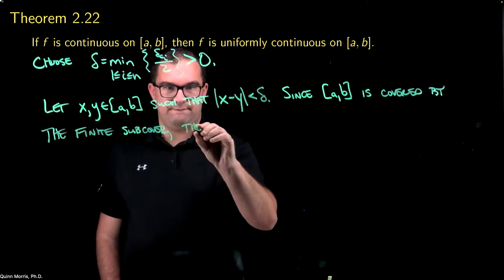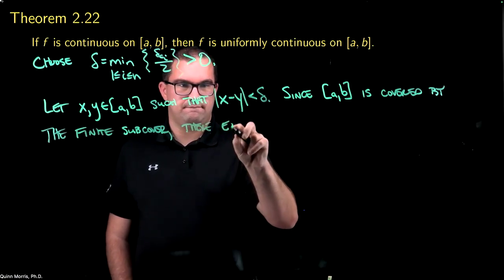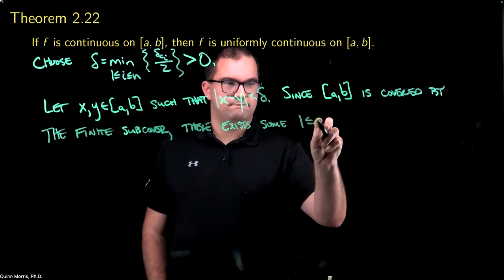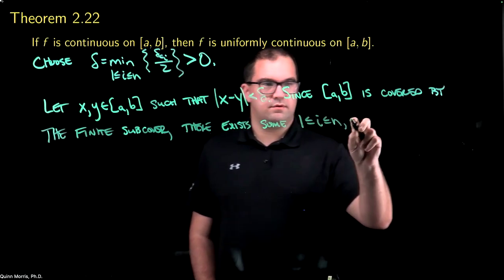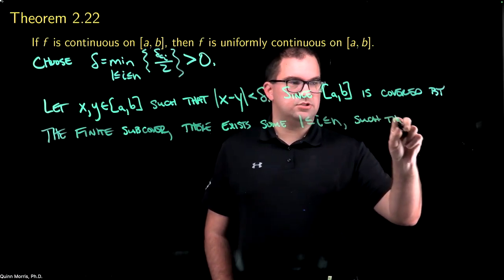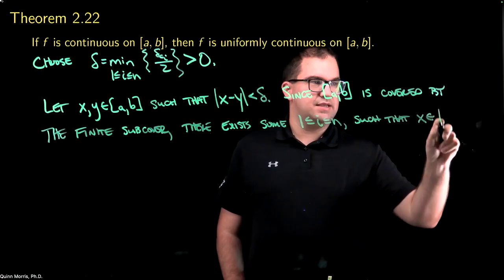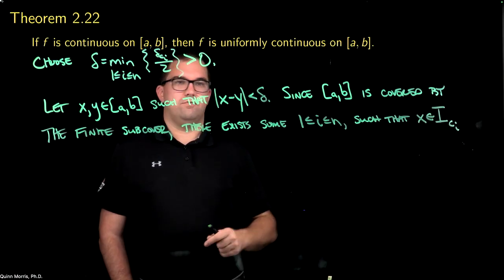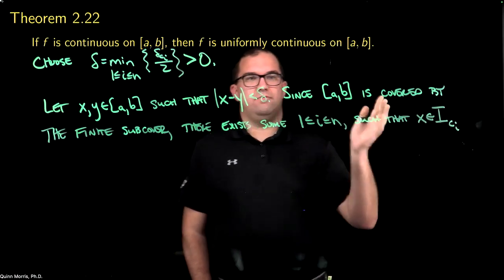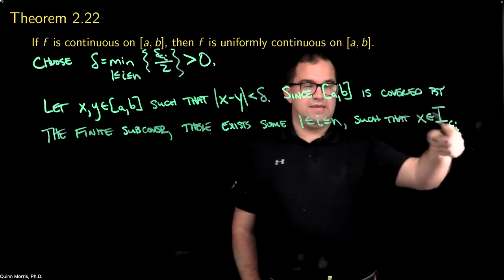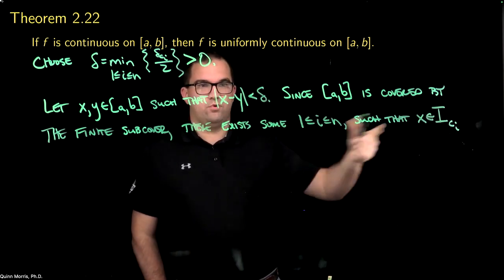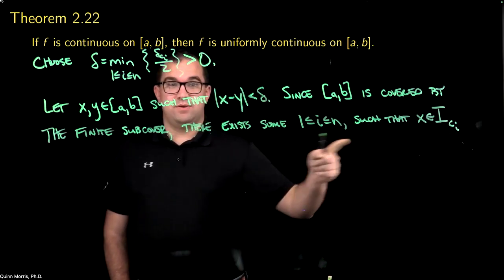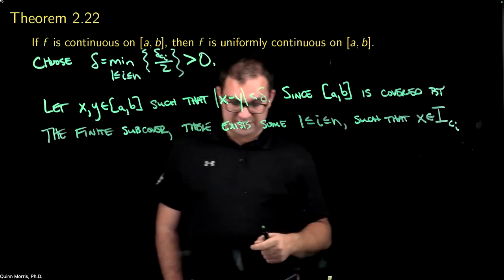There exists some i between 1 and n such that x is in I sub ci. So any point you pick in AB has to lie in one of these intervals that form your finite subcover. Now I know x has to be in one. Now I want to show that y has to be in the same one.